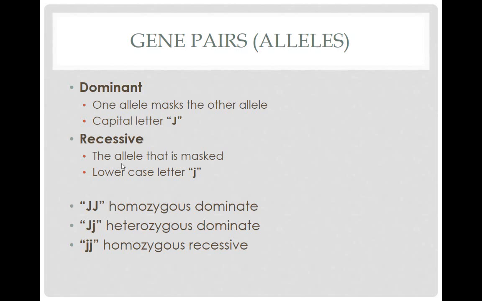Now if you have a mixed bag, because they're not the same, that's heterozygous, and it is dominant because of the capital letter. And if you get two lowercase, they're the same, so that's homozygous, and because they're lowercase, they are recessive. So we're really taking dominant, recessive, homozygous, and heterozygous, and combining them together to get this right here.